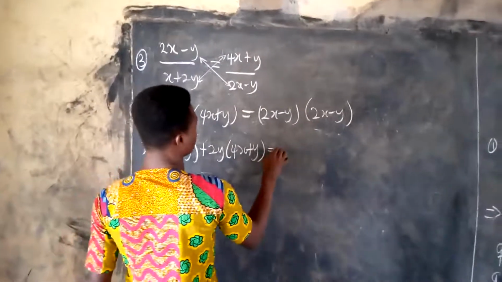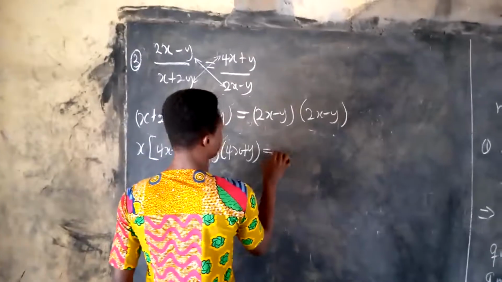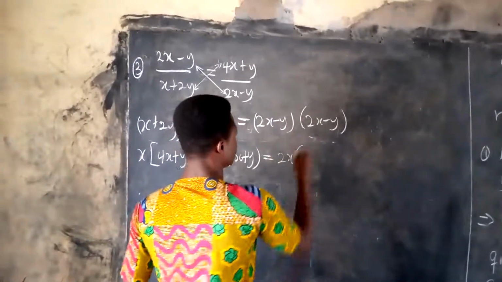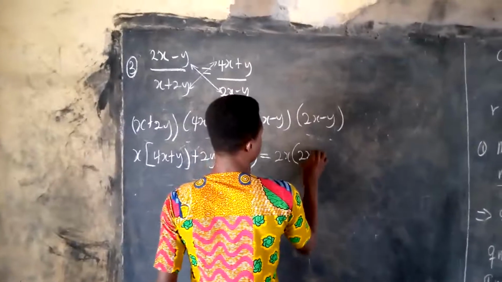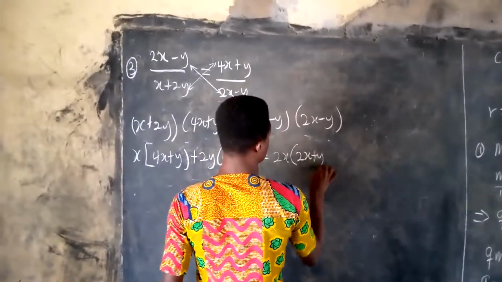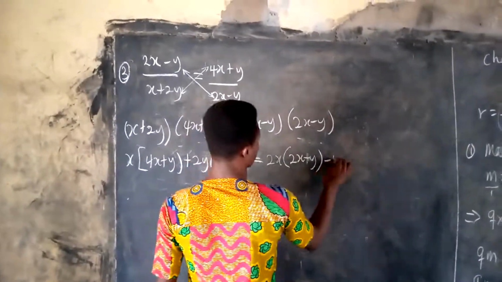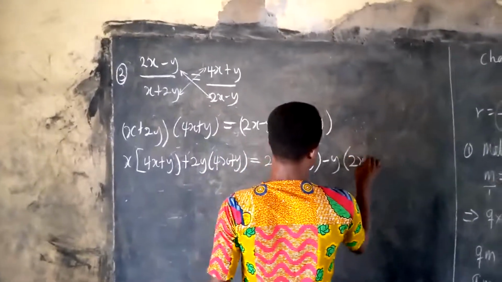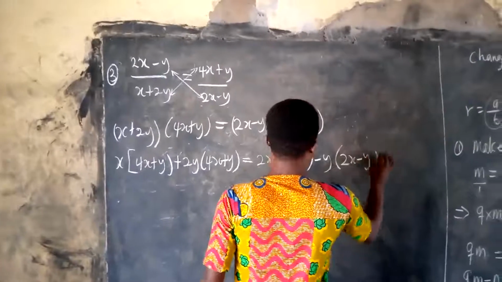To be equal to, take the first term in the second bracket, that's 2x, and operate it on the second bracket, so minus y here, then the second term here, operate it on the second bracket.